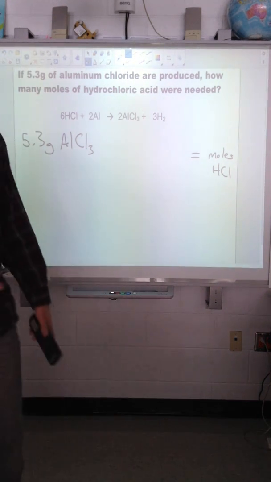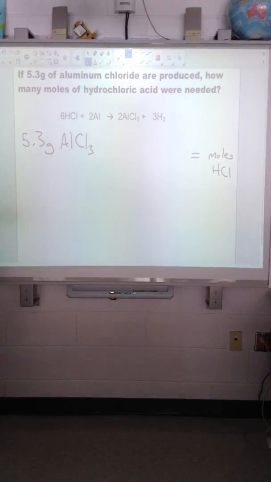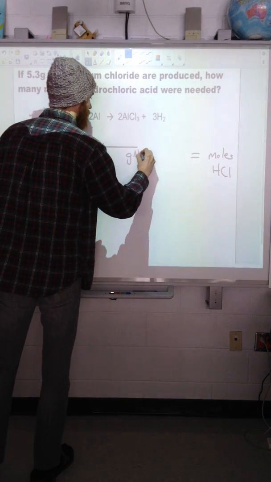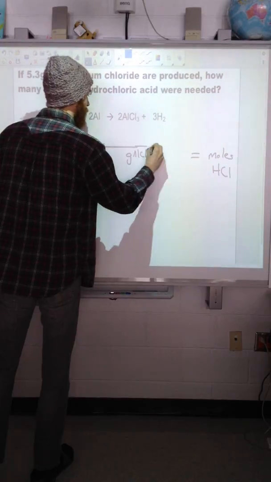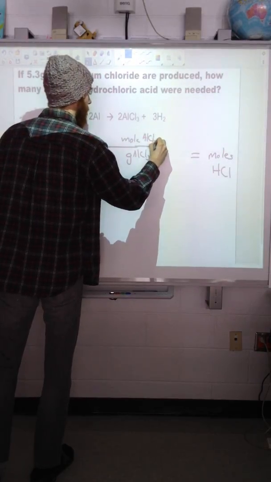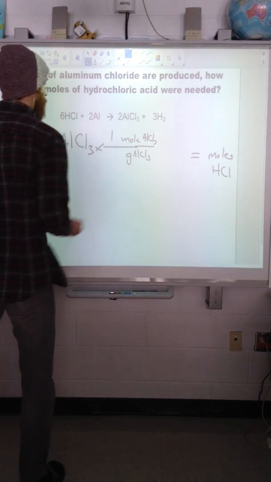So we're going from grams to moles of HCl. Grams of aluminum chloride to moles of HCl. So the first thing we have to do, we got to get that grams to moles. Grams to moles: grams on the bottom, moles on top. We do that by getting our molar mass. 1 mole.